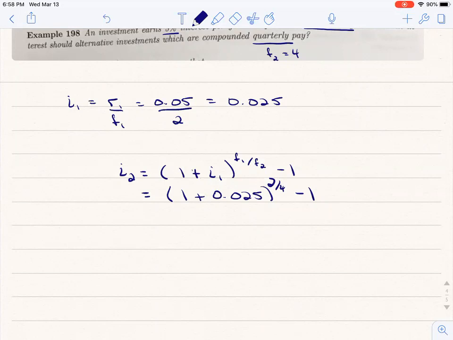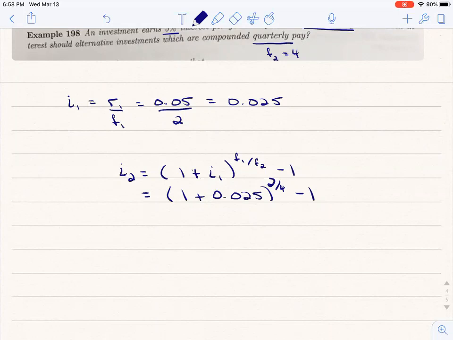So 1.025 to the power of, and I'm going to put my 2 over 4 in brackets. You can simplify it, but it's not always going to be this easy of a fraction to deal with, right? So I'm just going to start putting the powers in brackets.